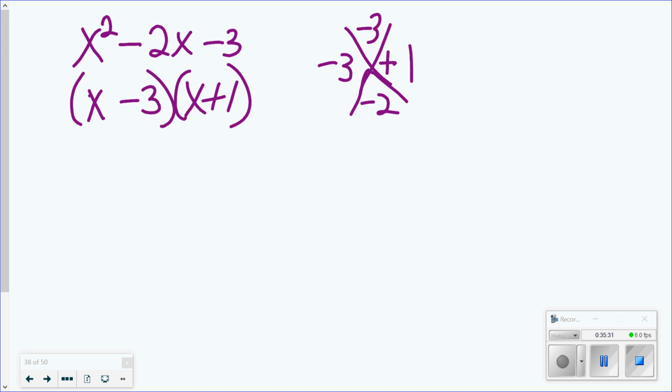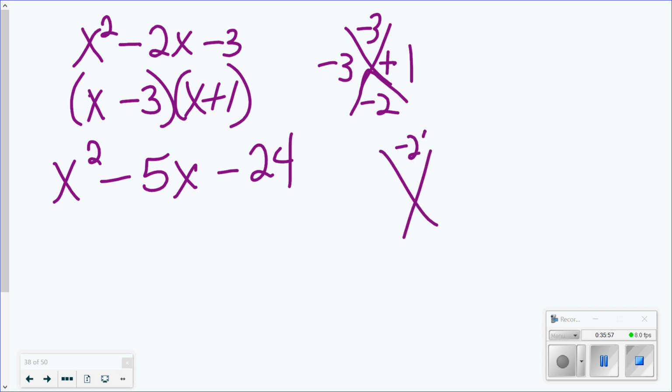You should remember this factoring from college algebra. This is a skill that you need in order to even start calculus. I'll give you one more. X squared minus 5x minus 24. Okay, so I want factors of -24. So again, one's negative, one's positive, but they add to a -5.